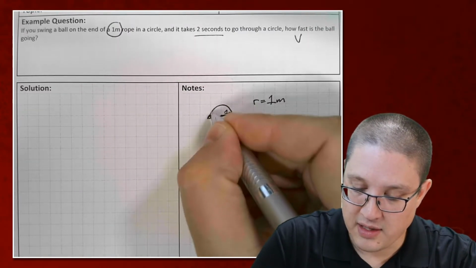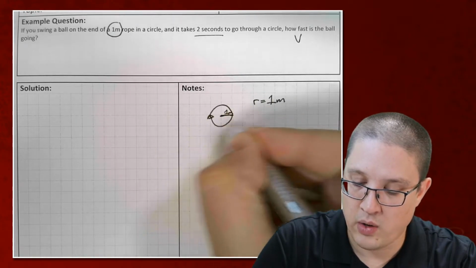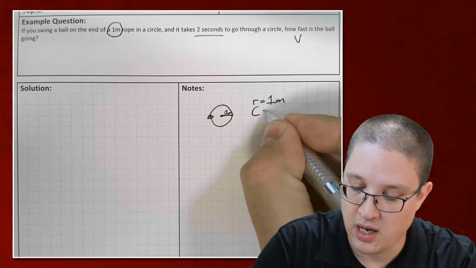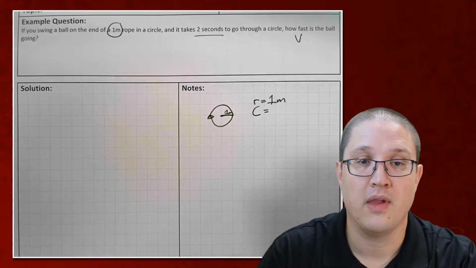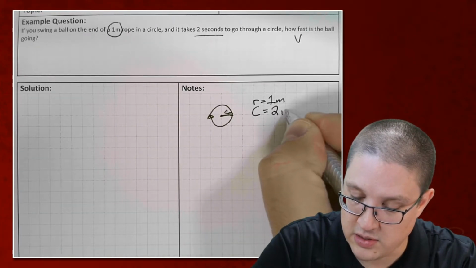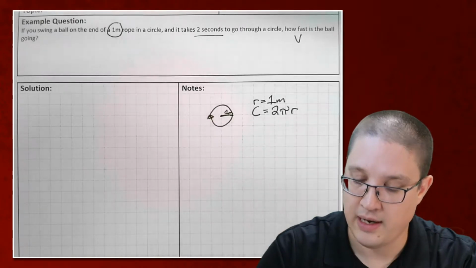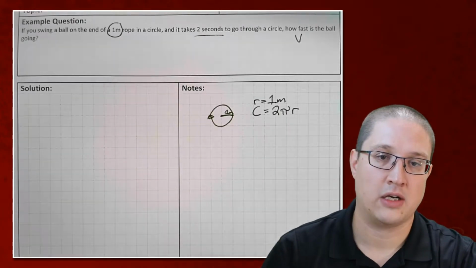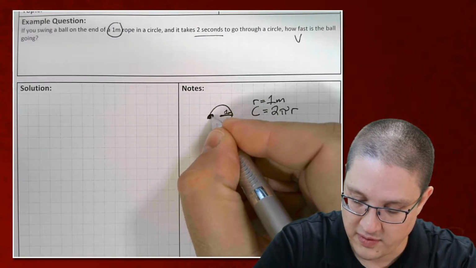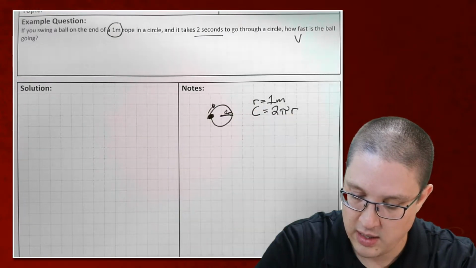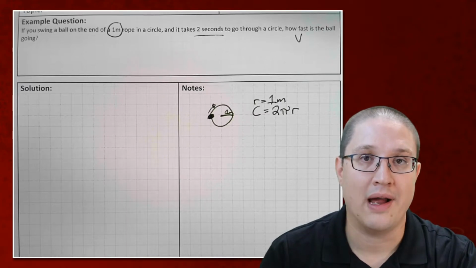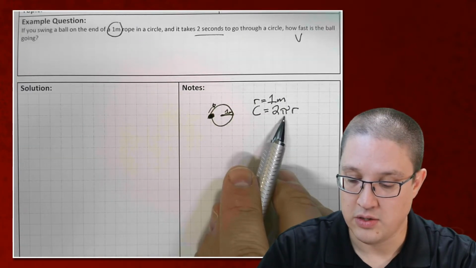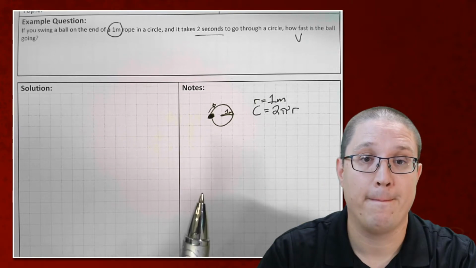The path that the ball actually takes around the circle here is going to be the circumference of that circle. If you remember, the circumference is 2 pi r. So that's the distance that the ball is actually traveling around this circle. So if I have a ball here and it's going this way, it's going 2 pi r. And in this case, 2 times pi times 1.